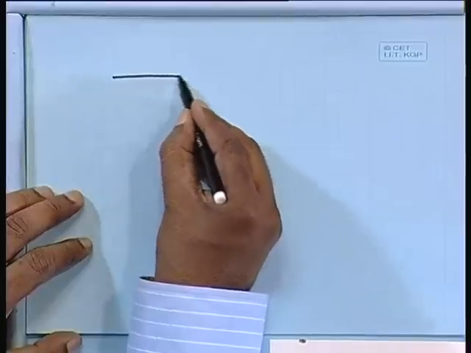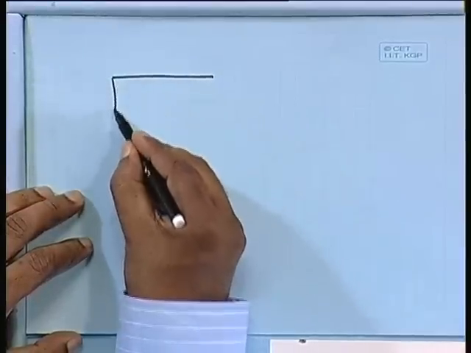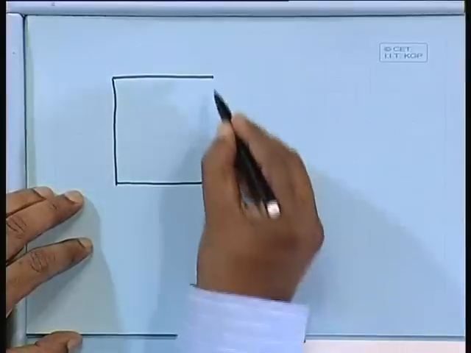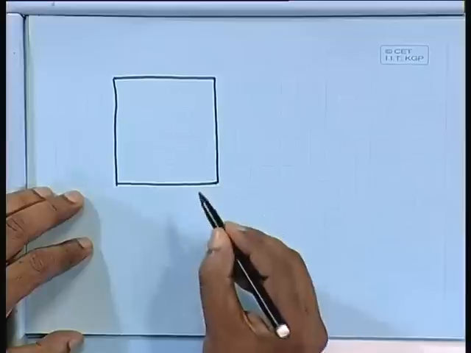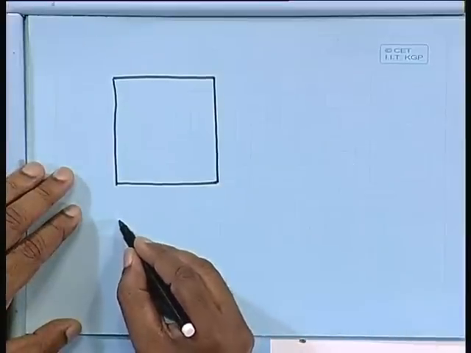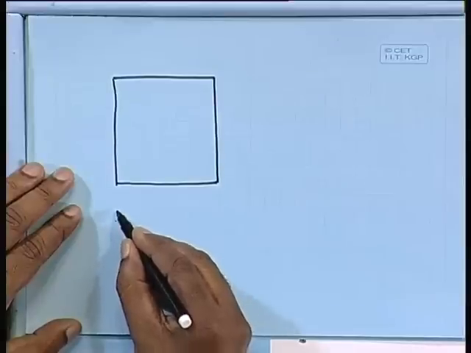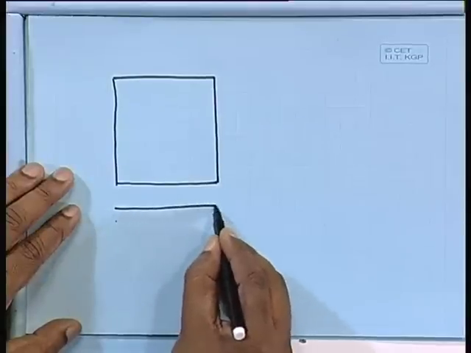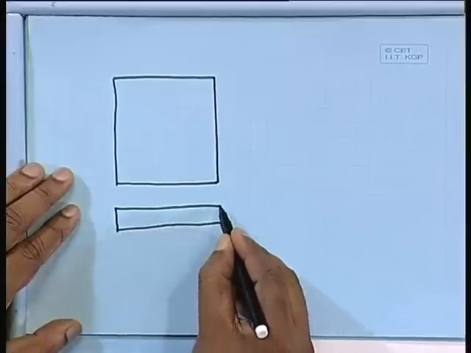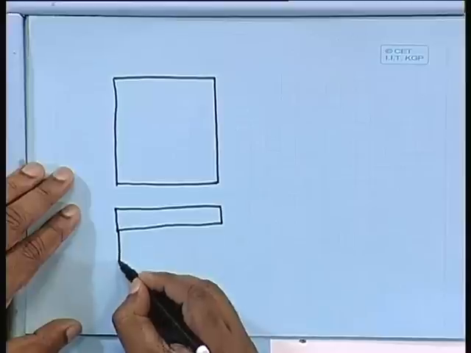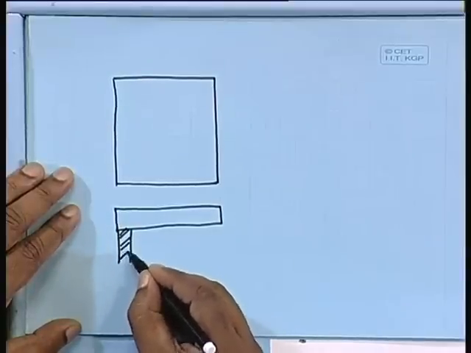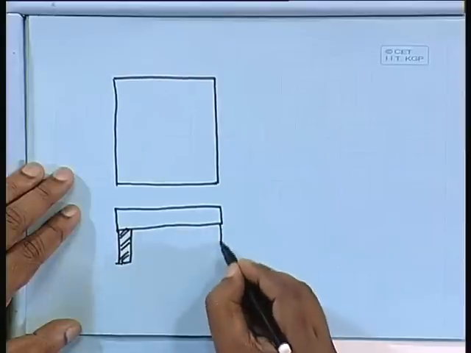Let us take, this is your one panel which we are considering. And as our problem says, this is the beam, slab supported over masonry wall on both sides.